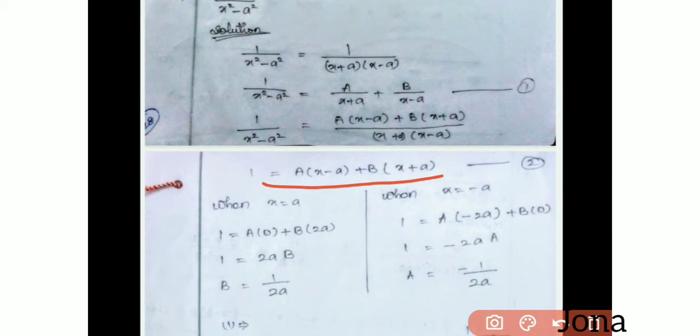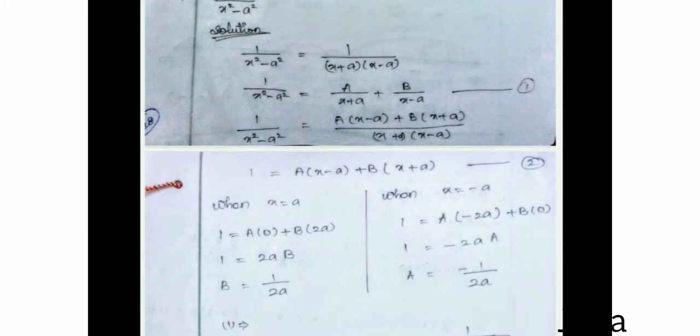Here minus a minus a is minus 2a. If you put minus a in the other bracket, it will be 0, so you cannot get a value there. So here 1 equal to minus 2aA. Therefore A equal to minus 1 by 2a.